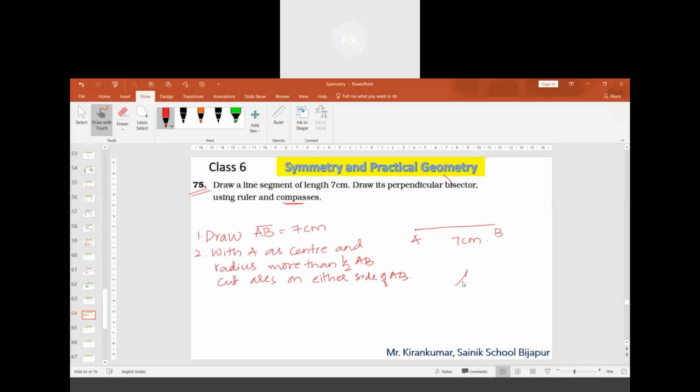You have to make arcs. After this, you should not change the length. You have to cut the arcs here with B as a center.